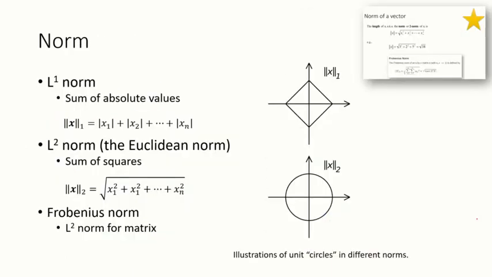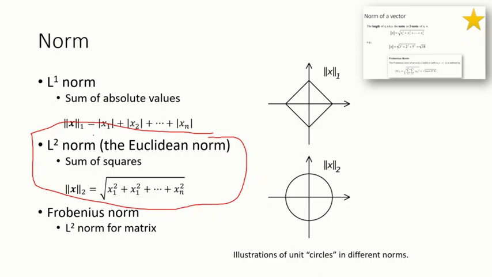I will leave this norm to later when we have regularization problems. Basically, we have 2 types of norm. One is called L1 norm, and another is L2 norm. If I don't tell you anything, normally I mean L2 norm. This is the length of the vector, and you know the formula here.